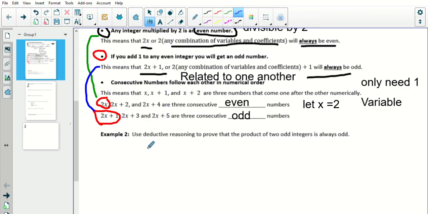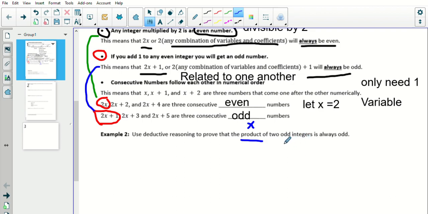We're going to use deductive reasoning to prove that the product of 2 odd integers is always odd. One of the key words is right here: product. What does product mean? We refer to it as a mathematical function meaning times. I'm going to draw my little x. It's a times function.